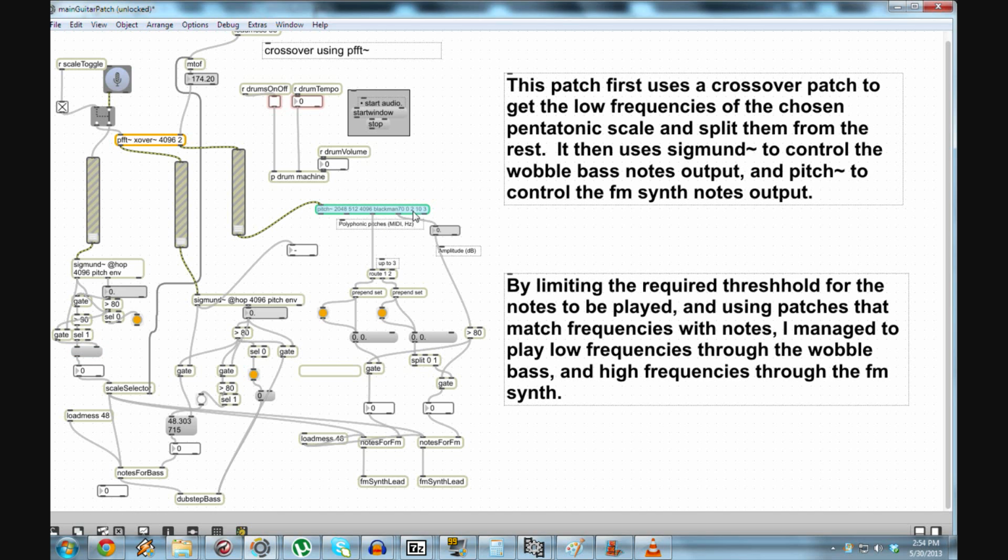This is the value here that needs to be set to 2. You just play notes within the scale, and if it detects a note that's within the scale, it sends it to the FM synth lead, the FM lead patch.